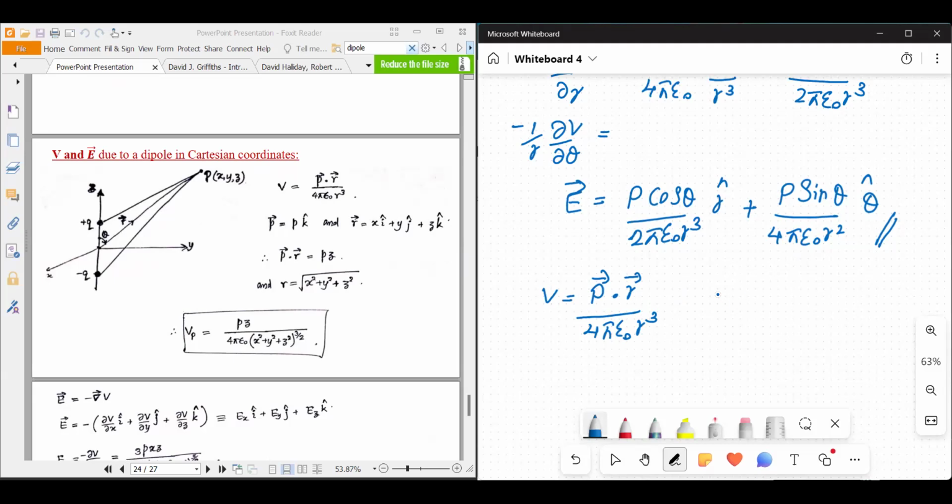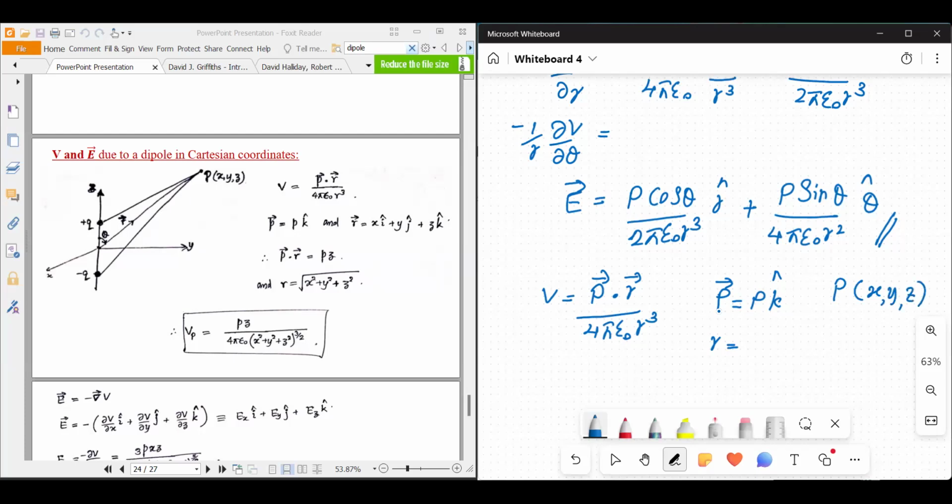P is equal to, if we locate plus q and minus q in the z direction, then dipole moment P is equal to P in the direction of k, and r, the coordinates of this point P, is equal to X, Y, and Z.